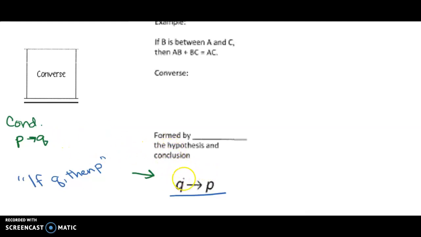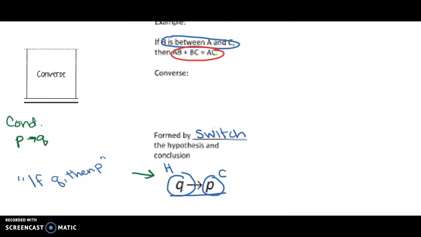Okay, so now in this converse statement, the Q is now the hypothesis, when before it was the P, and the P is now the conclusion. So all we've done is we switch, or we flip, the hypothesis and the conclusion. Okay, so the hypothesis is B is between A and C, and the conclusion is AB plus BC equals AC. So if we write the converse of this, all we're going to do is flip the order that these two happen.